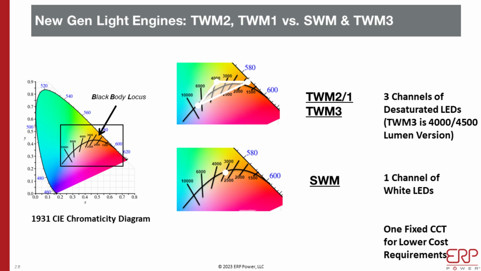As you can see, we're magnifying the BBL, and there's this triangle. Think of these dots at the corners as each one being an LED that has that particular color. Again, this is an artistic drawing; in reality it's different. Because we use off-BBL colors, this is where desaturated comes from.